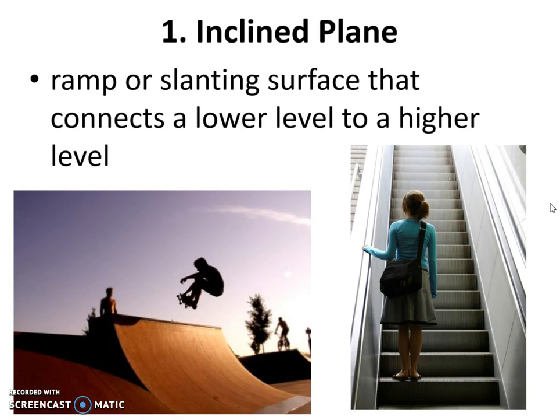What inclined planes do is make it easier to lift something heavy. You end up using less force by pushing it up a ramp instead of straight up. Think about if you didn't have an escalator. How hard would it be to get from the first floor to the second floor? An inclined plane makes it easier. You may have to go more distance, but you'll use less force.